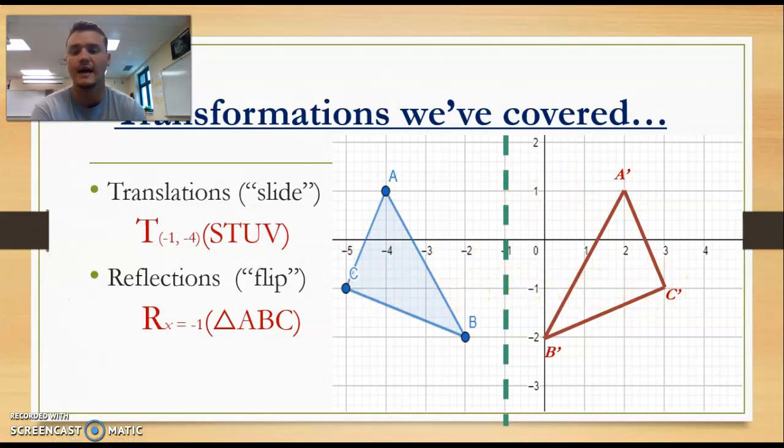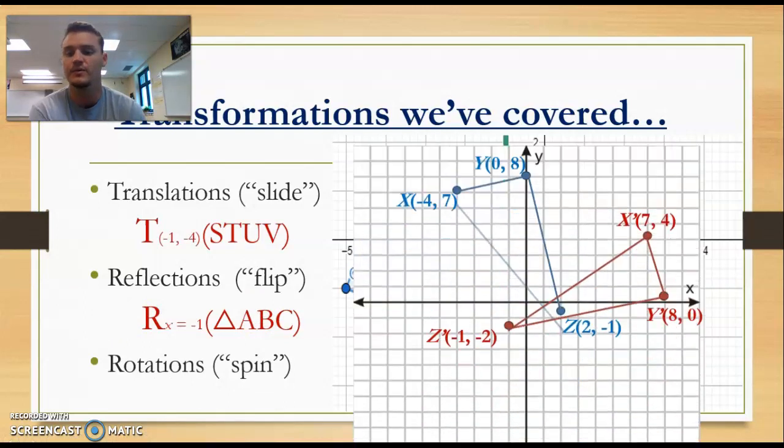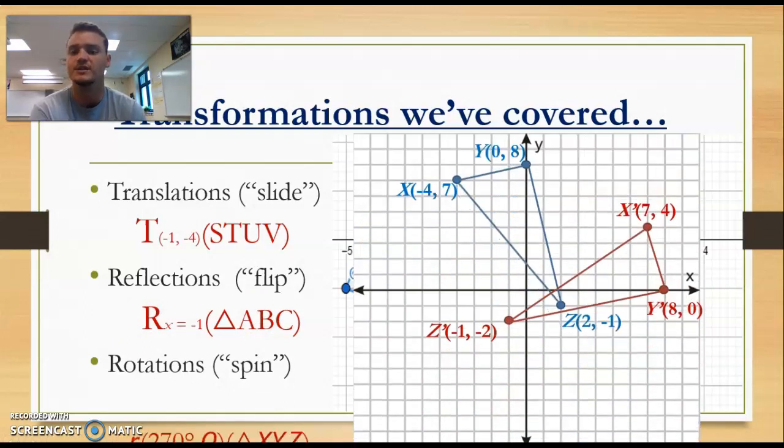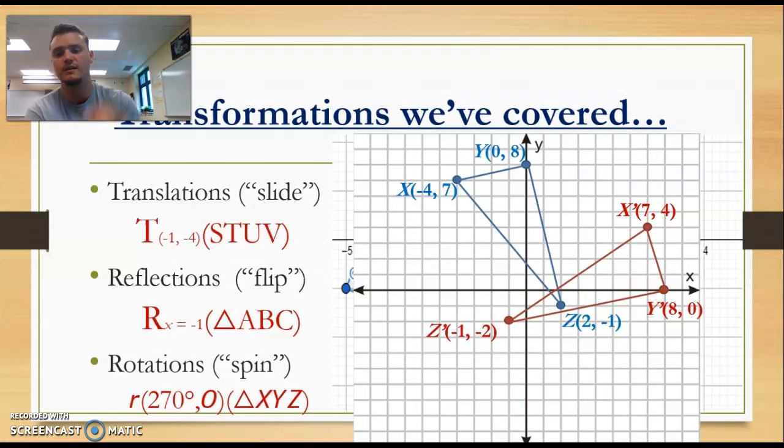All right. And then the last one that we just looked at yesterday or the day before is rotations. So rotations are just a spinning. So keep in mind the little r stands for rotations. This degree or number here tells you basically how many degrees to rotate, or in this case, what we looked at is how many quadrants to hop. So 270 degrees means we're hopping 3 quadrants.